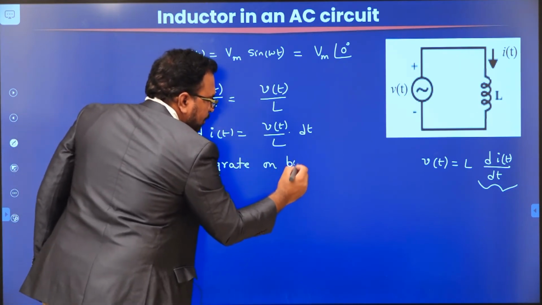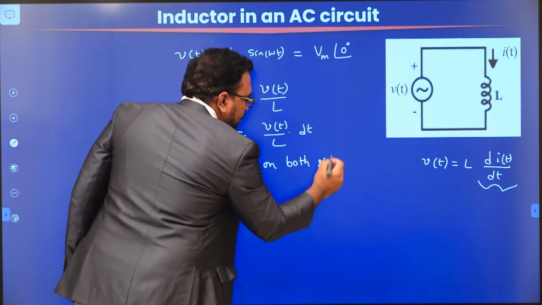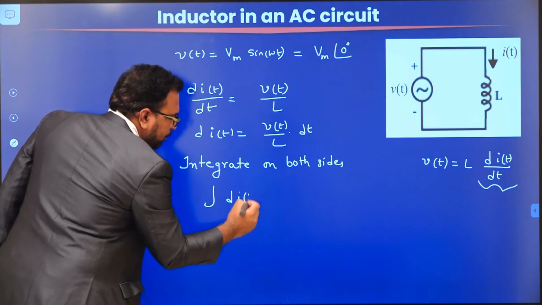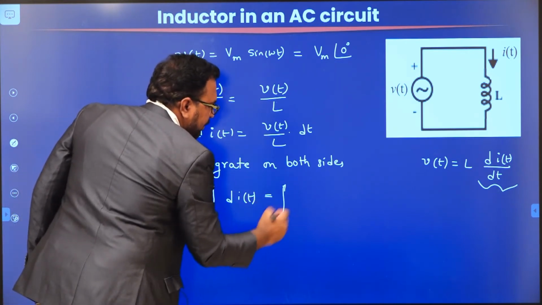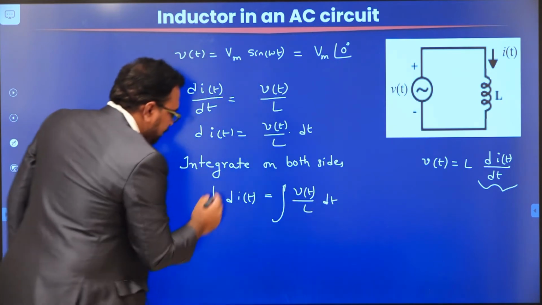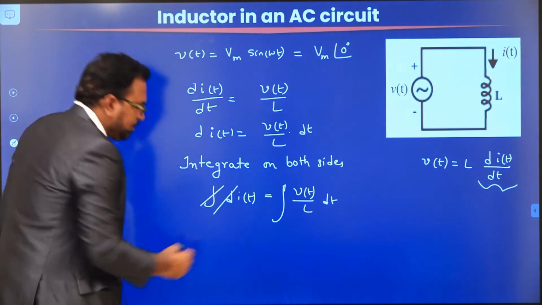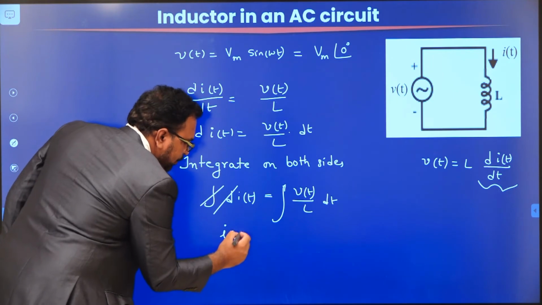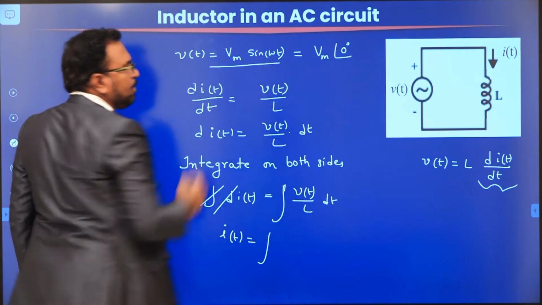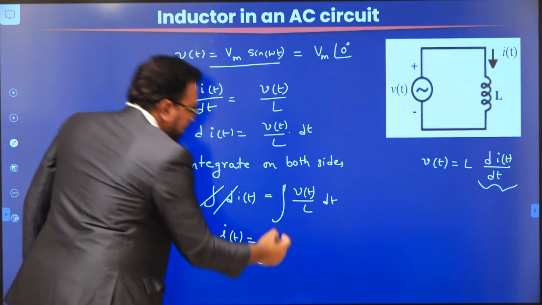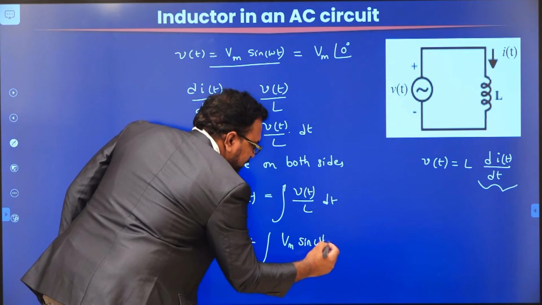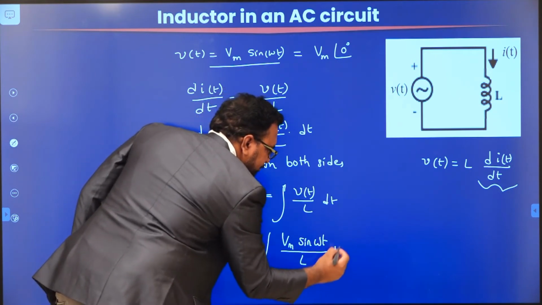The integral of di of t is equal to the integral of V of t by L into dt. Integral and differentiation cancel out. Therefore I of t is equal to the integral of V of t, which is Vm sin omega t, divided by L, dt.